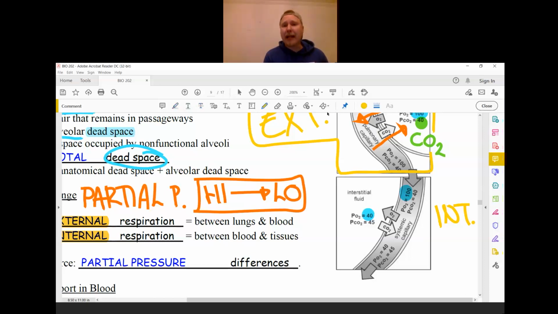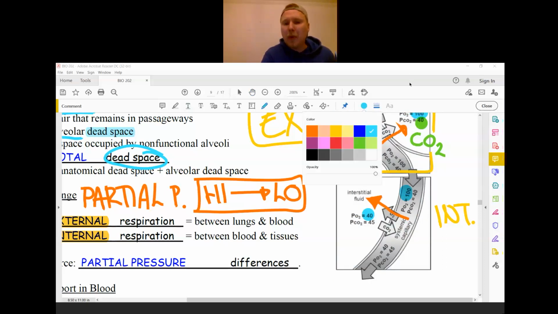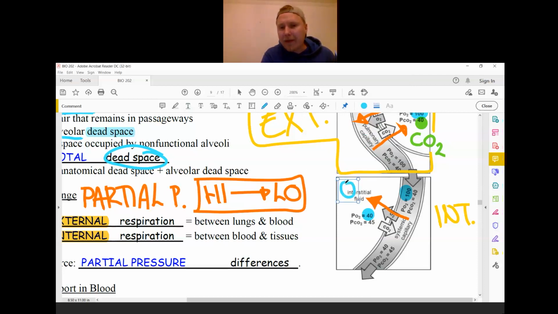So we remember again that the exchange was from the areas of high concentration to the areas of low concentration until the concentrations were equal. So as a result, oxygen moves from the capillaries of the systemic circulation to the cells or interstitial fluid.